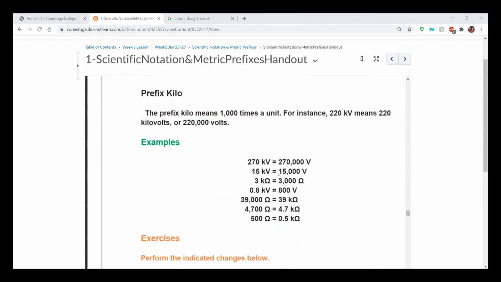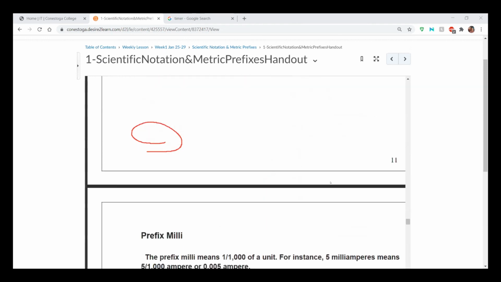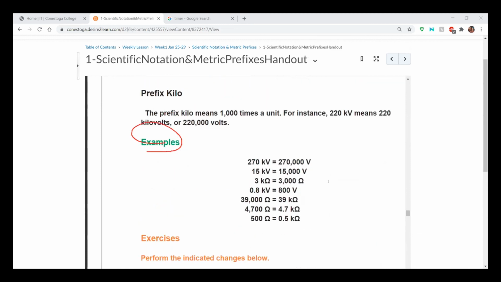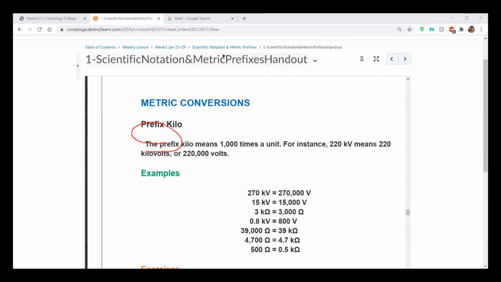In the example that we have, we are right now on page number 11. So if we have 270 kilovolts, the kilo stands for 3 zeros. When it comes to engineering notation, we are always going to jump in steps of 3.